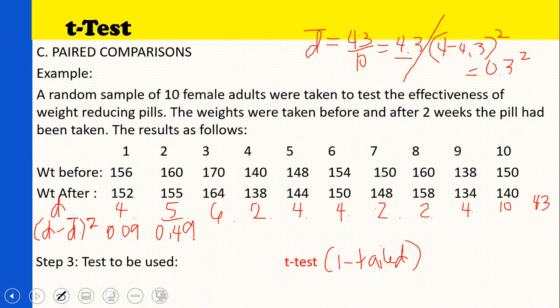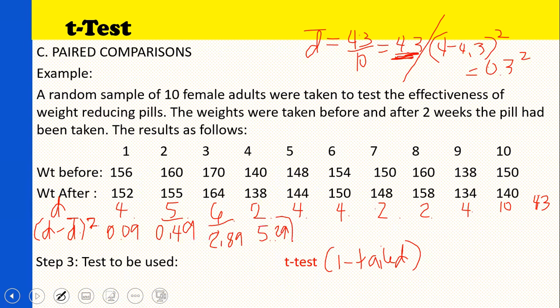So you have the following, and the same applies here. So 6 minus 4.3 will give you 1.7, and squared, that will be 2.89. Same here, 2 minus 4.3, and that will give you 2.3, and squared, that will give you 5.29.